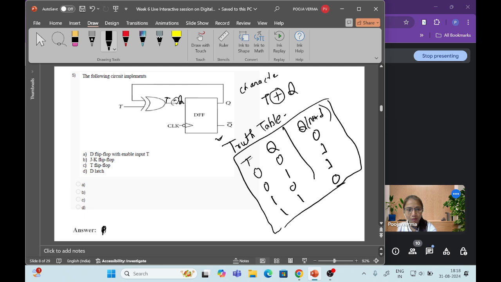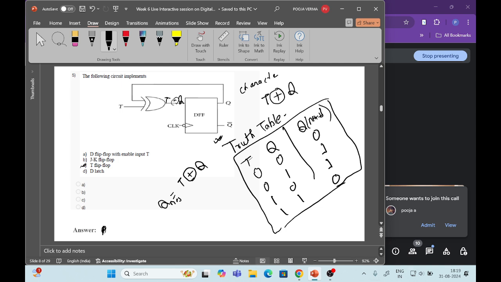From the figure, you can say T XOR Q. So the following circuit implements the T flip-flop only.